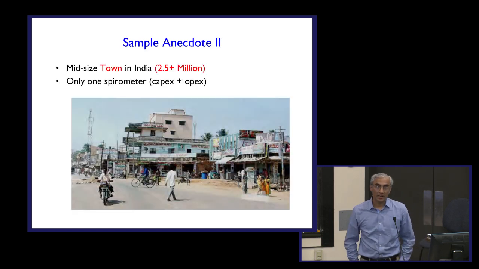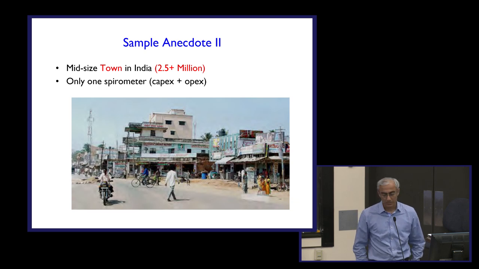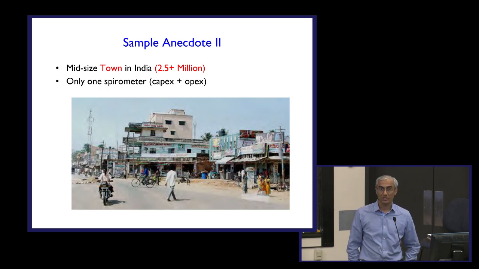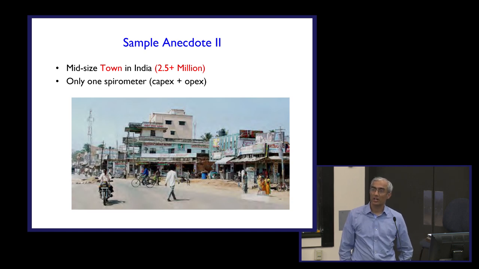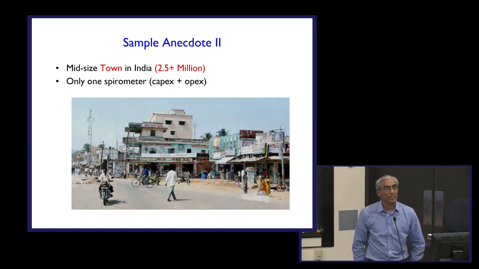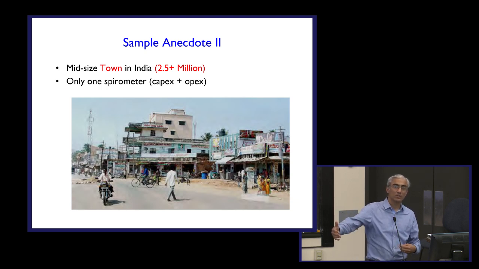This is another anecdote I heard talking to a higher official in a reasonably sized town. They're called towns in India. There are 2.5 million people, and the whole town has only one spirometer in one hospital. And it is very poorly used. In the sense it has very low usage, mostly because the waiting time is long.